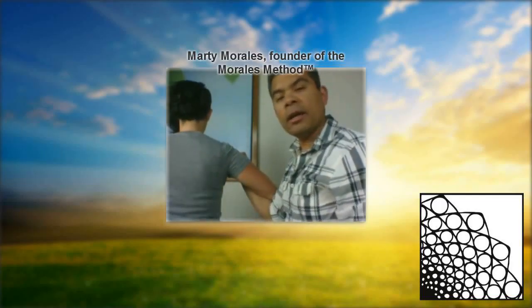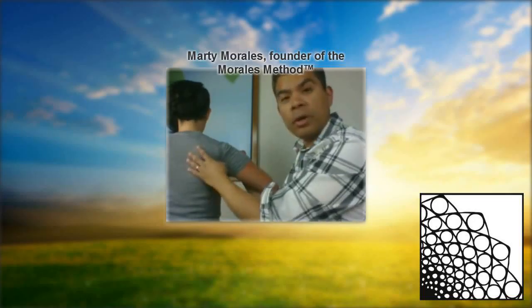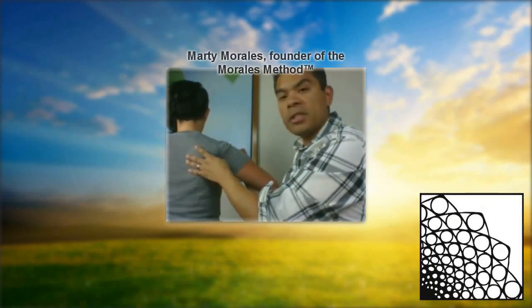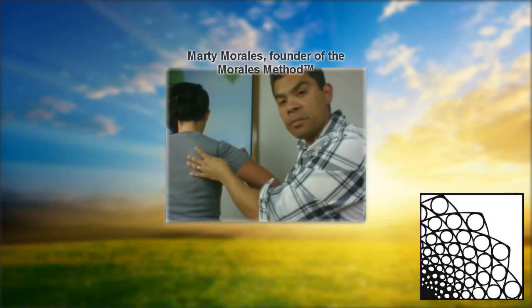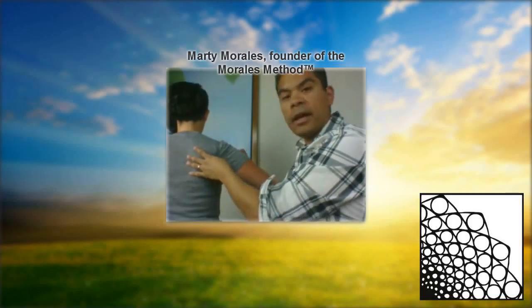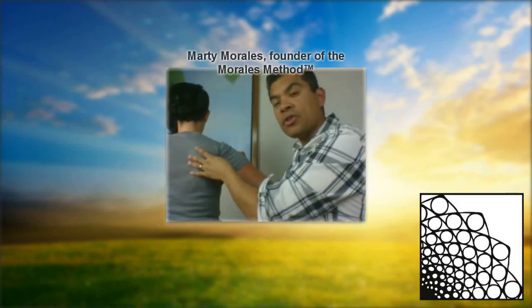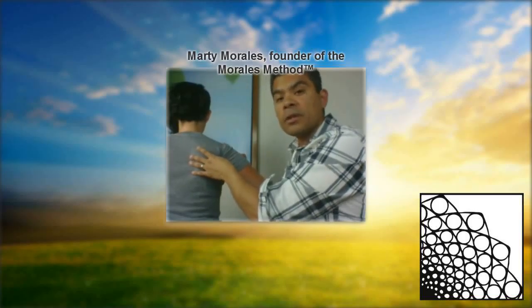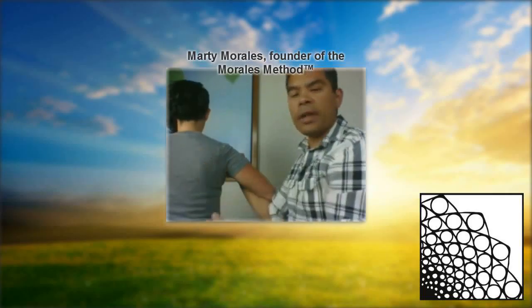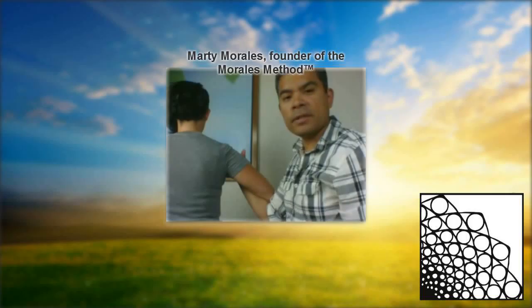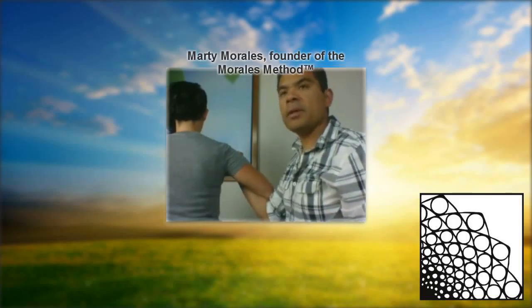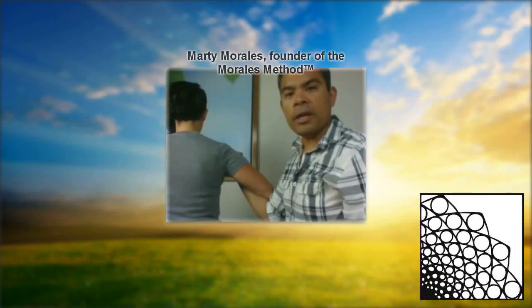Just a little tip on how we work the trigger point with the Morales method is I also feel the directional resistance, the DR of a potential trigger point, and then I work it. In addition to working the directional resistance on a trigger point, I also feel for directional ease. And we call that type of work where you work directional ease positional release. And I know that classically it may be called strain counterstrain.